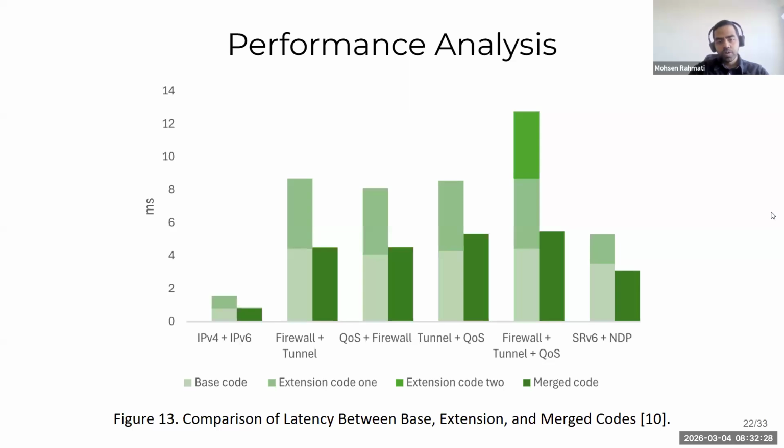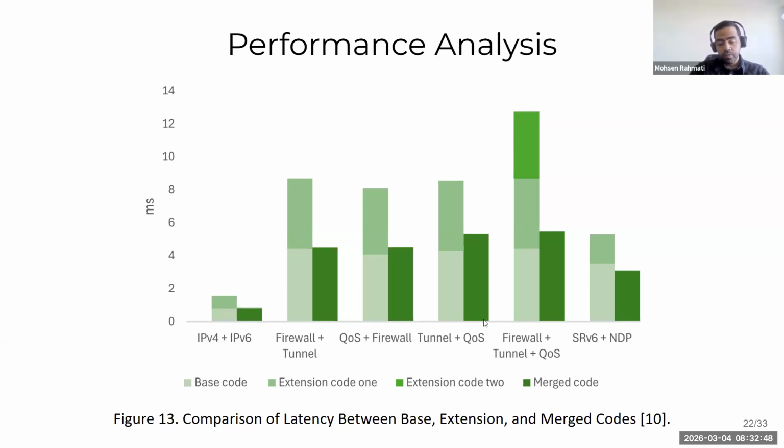Okay, going to performance analysis, we compare latency and reciprocal throughput. For example, for latency, as you can see, we have improvement in all case studies.